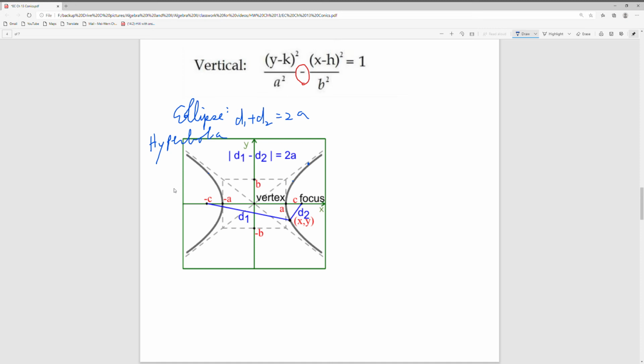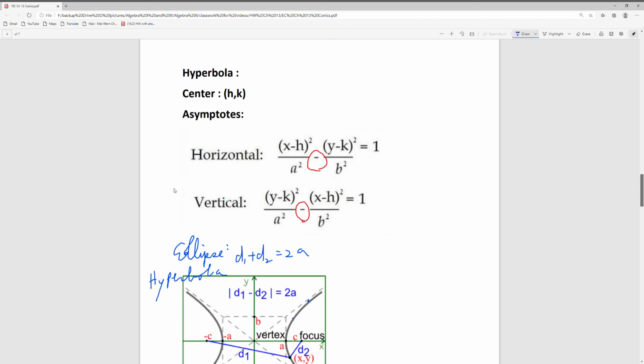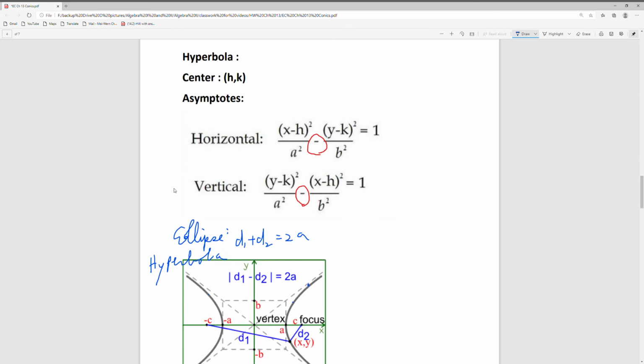Okay, and I'm going to skip the detail, a very complicated proof with square roots. We just simply understand how the formula came about. And for the hyperbola, we have subtraction between the terms.